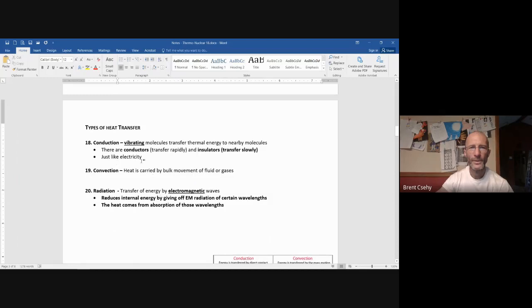Okay. So what is it by definition? Conduction is the actual vibrating of the molecules. They transfer thermal energy to nearby molecules. They basically bump into each other. And just like with electricity, there are conductors and insulators. Conductors transfer the molecules rapidly, and insulators transfer slowly.